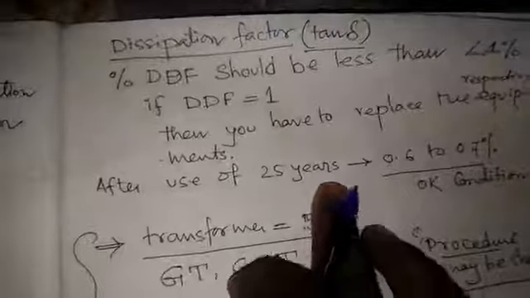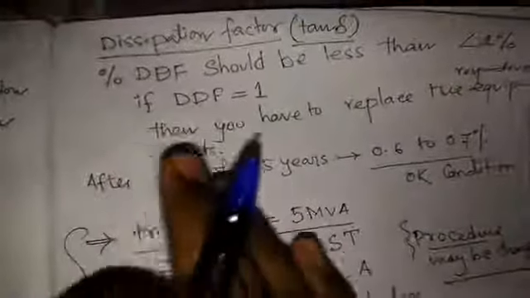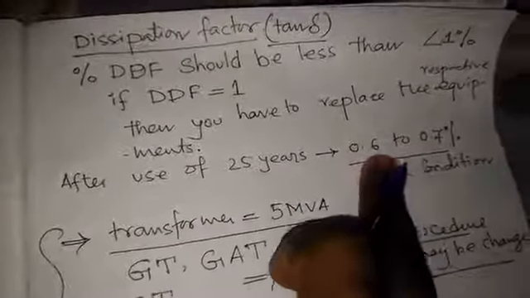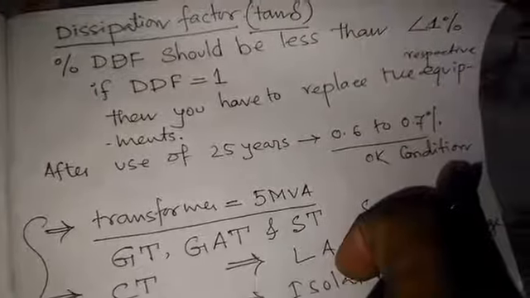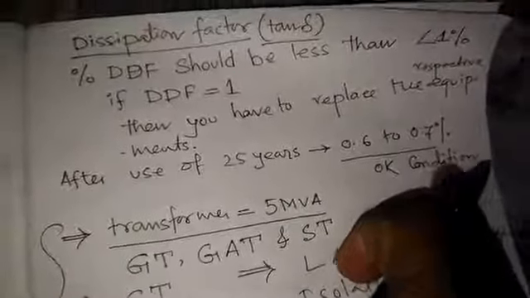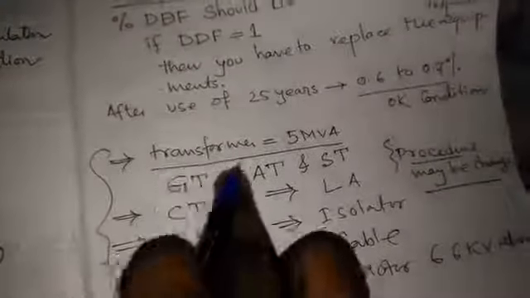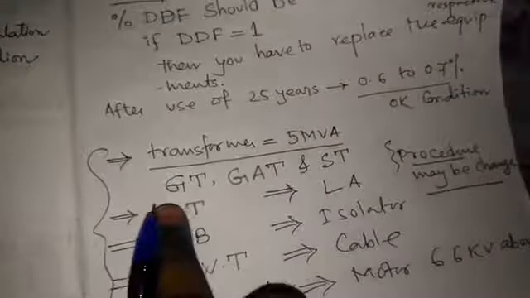After use of 15, 20 or 25 years, if we do the tan delta test and get a tan delta of 0.6 to 0.7%, then the equipment condition is okay as far as the testing is concerned. For transformers above 5 MVA, we do the tan delta test.